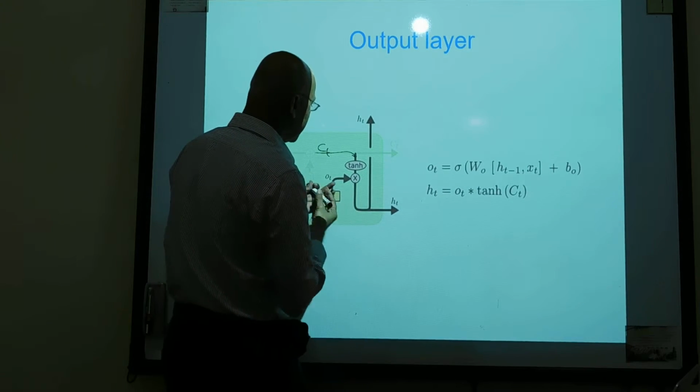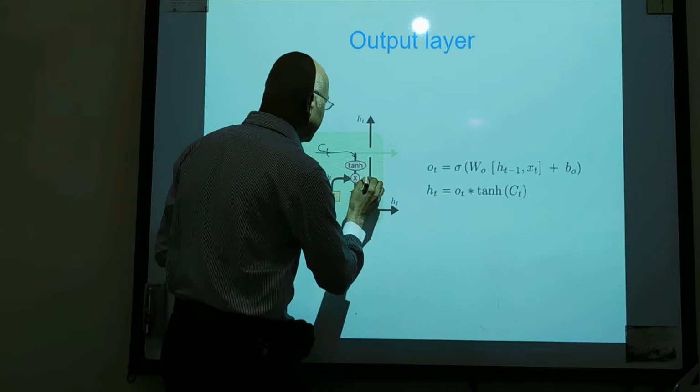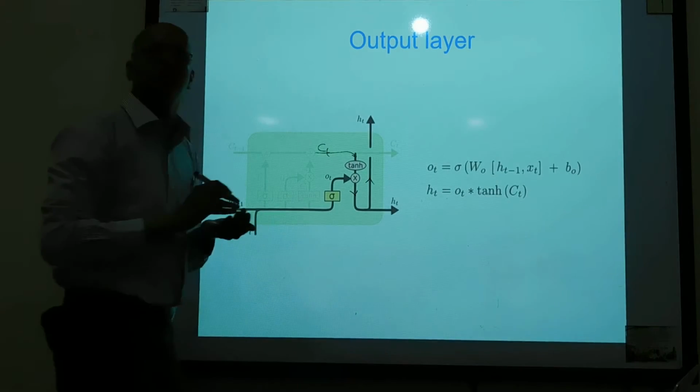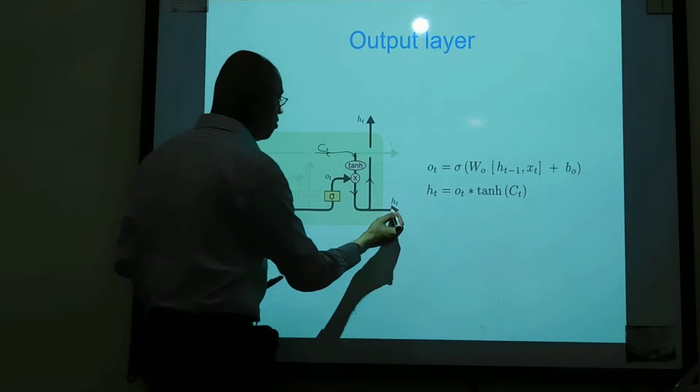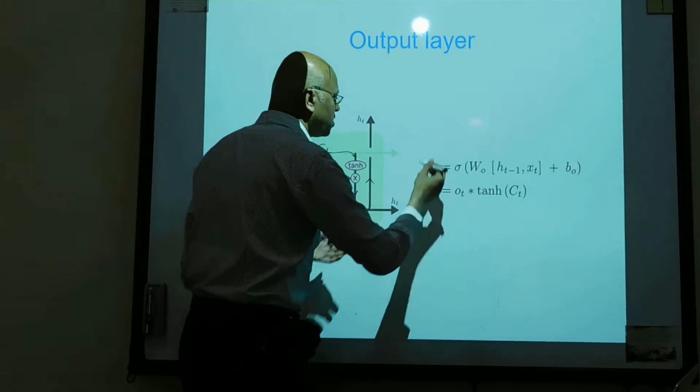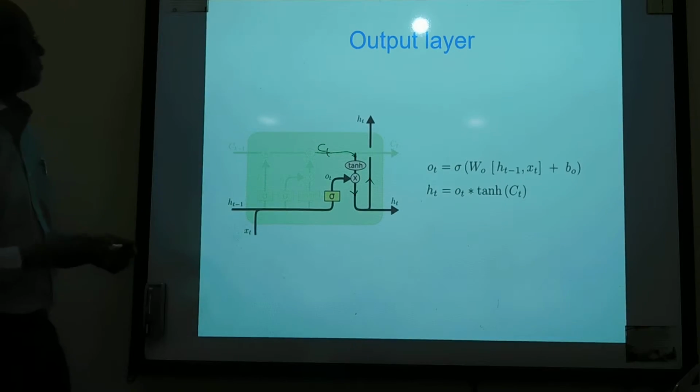This arrow is downwards here and upwards here, it goes out of the neuron. Not only does it go out of the neuron, the output is passed on for the next time instant.